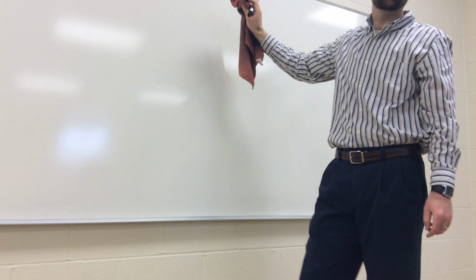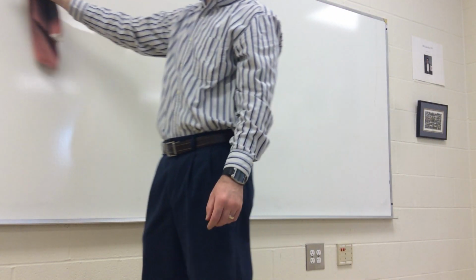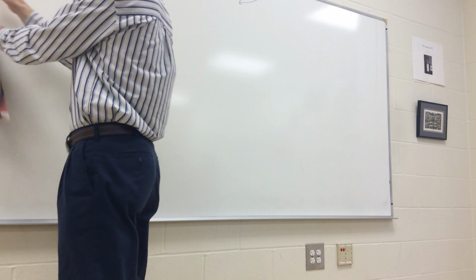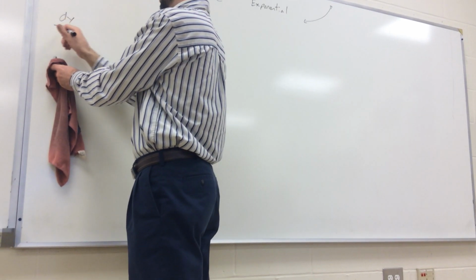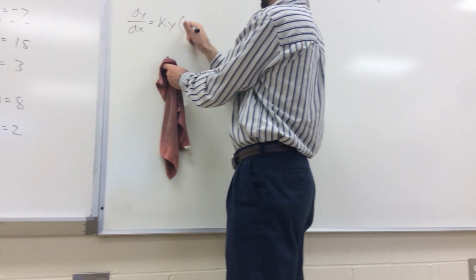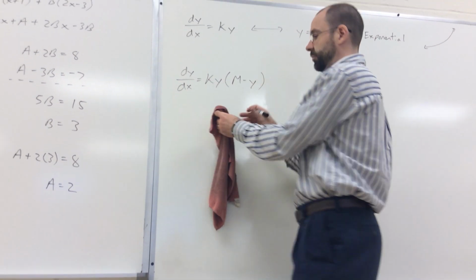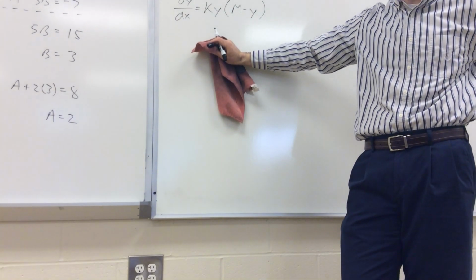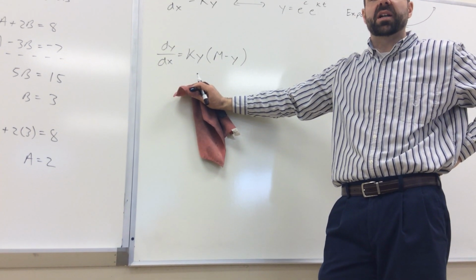Okay, so today we're going to look at a new type of differential equation. It starts out kind of looking like this. So it's dy/dx equals ky times m minus y. So it starts out exactly the same, dy/dx equals ky, but then it's multiplied by m minus y.